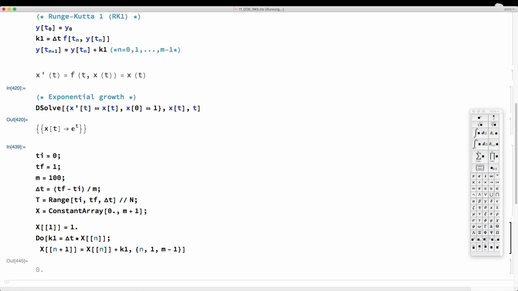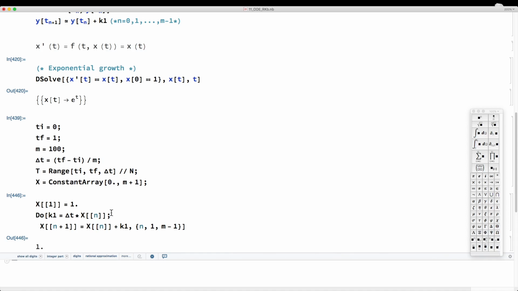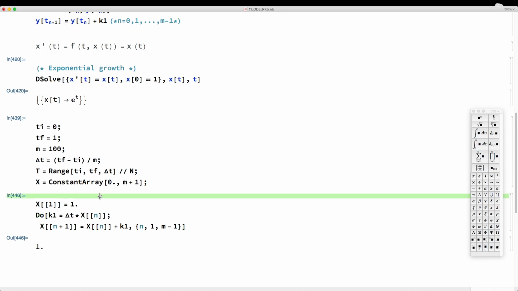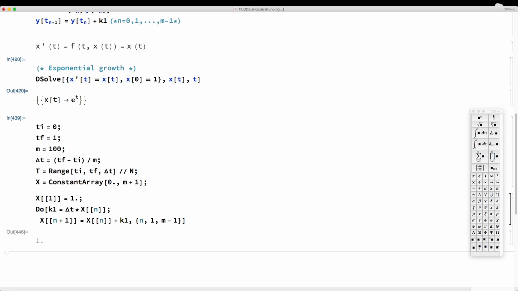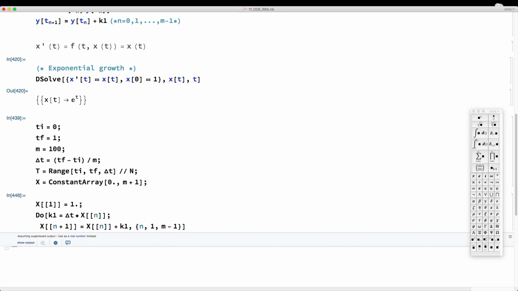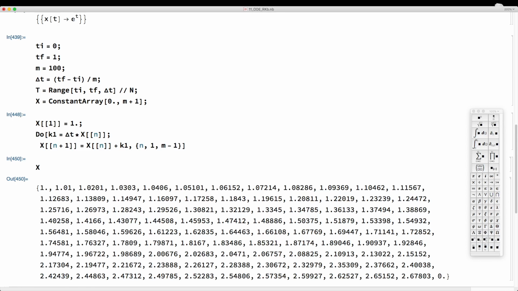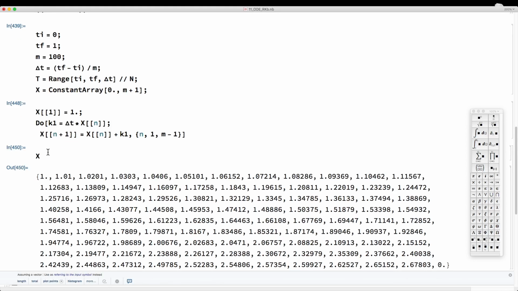Okay, so let's try this loop. So it printed the first value of x, but it will not print these values of x unless we ask it to print them. So let's just suppress this output, and I can simply type x and see all the values, and we see all the values of x here.